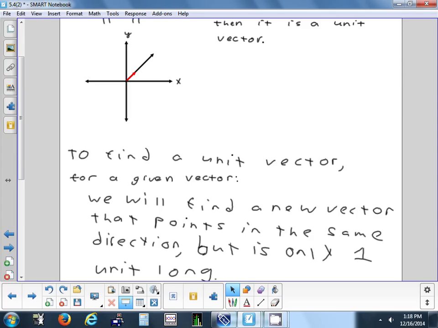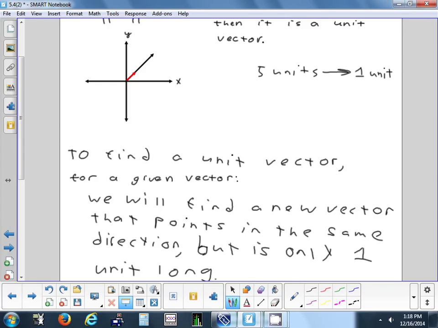Let's say that it's 5 units long. If it's 5 units long, is it a unit vector? No. How long does it have to be a unit vector? 1. So we want to somehow change it so that it's 1 unit long.